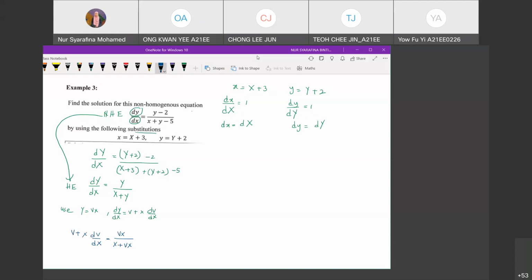All right, okay, why don't you try? Try to solve this. Or do you want to do this together? Okay, try first. Later I will show you. So first, you substitute the substitution for homogeneous. So what's next is to simplify and then reduce to a separable equation. Then you can solve this.